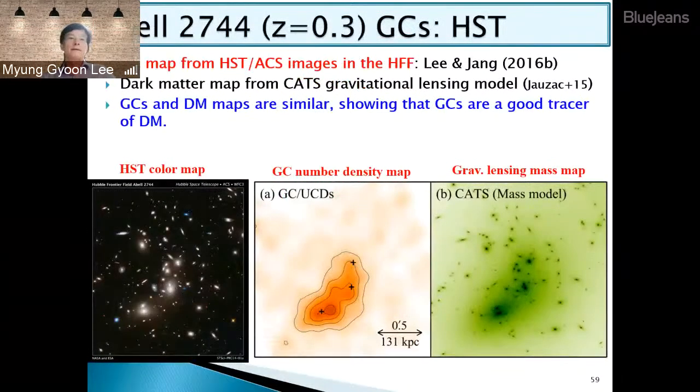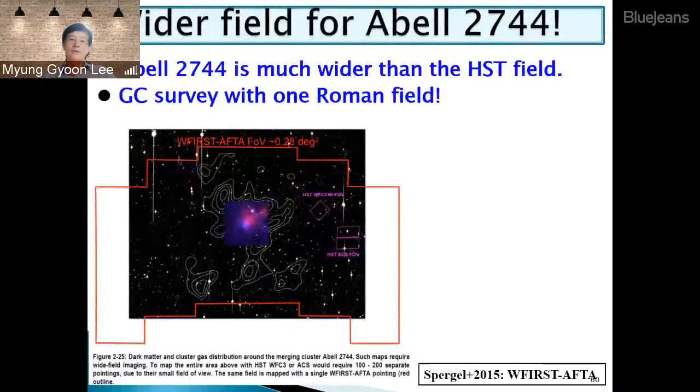And then in the case of Abell 2744, from this HST image, we derive a GC map in the middle and compare it with a gravitational lensing mass map derived from a model, finding some similarity between the two. But this is only the central part of the galaxy cluster, so you need wider field imaging. With Roman, we need only one field of imaging.